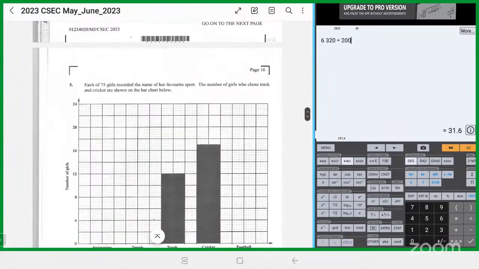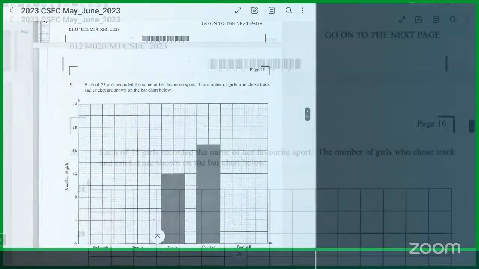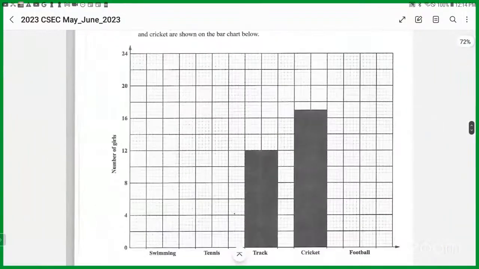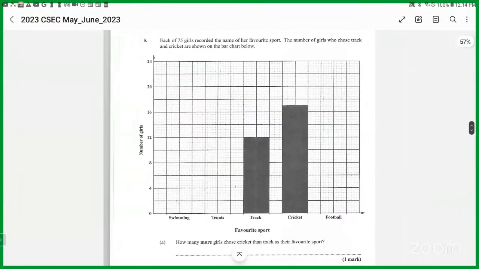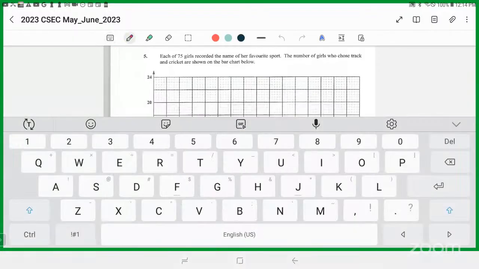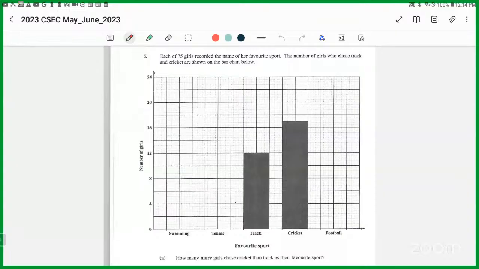All right, so number 5 is 36%. This is what they gave us. They gave us a bar chart. In the previous question, if I should ask you why it was an estimated mean that was found in the question we just did, it will be because you don't know the actual time taken by the students in the groups.